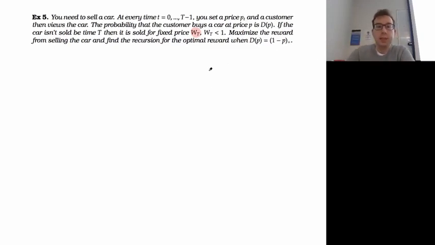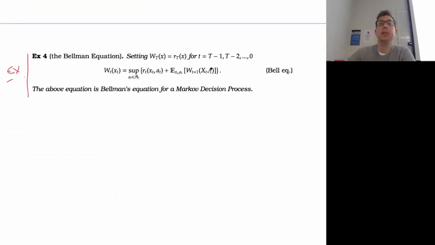So let's just recap above quickly the Bellman equation. We should just read through it quickly. The Bellman equation is exactly the same as before. The optimal reward W of t is given by maximizing over all the actions of the current reward plus the expected value of the future reward of the next date.